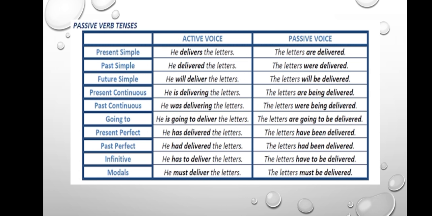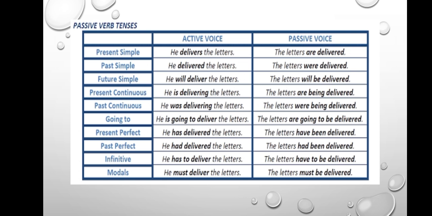Now it will become the subject of the passive voice. The letters: singular or plural? Plural. So which helping verb should we use here? Am, is, are. The letters are delivered by him. The subjective pronoun he will turn into him.